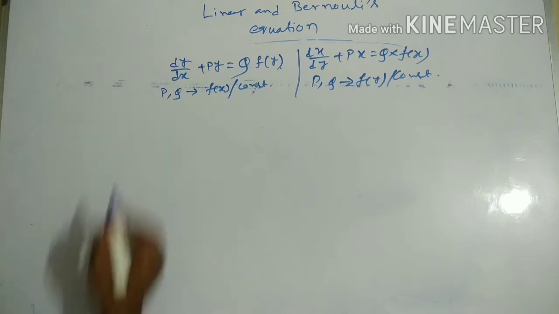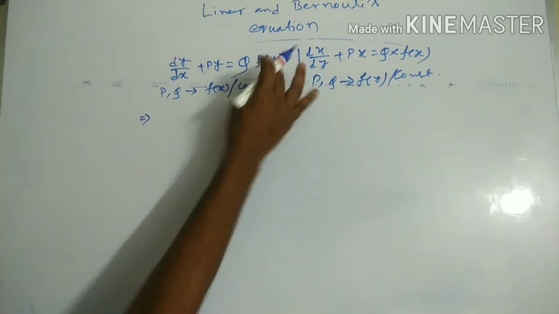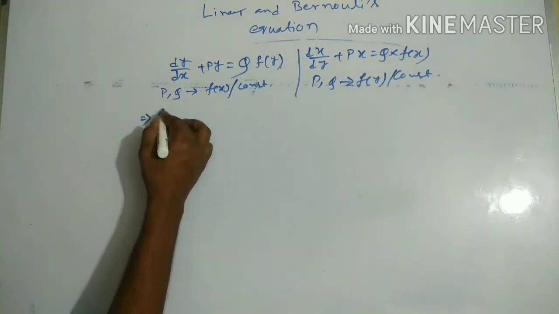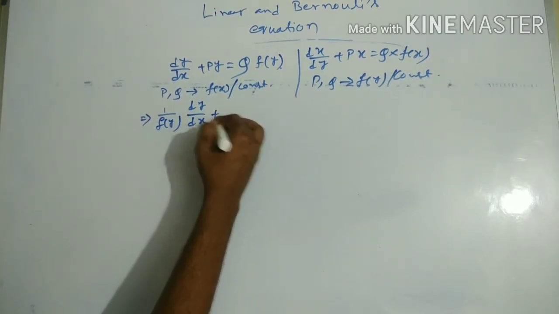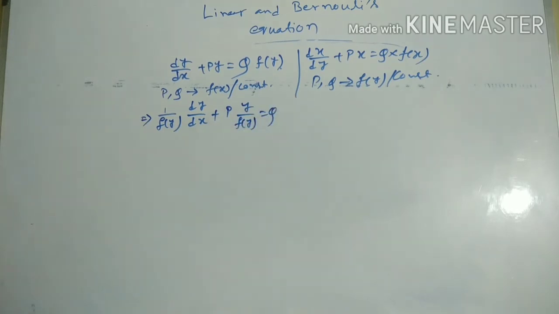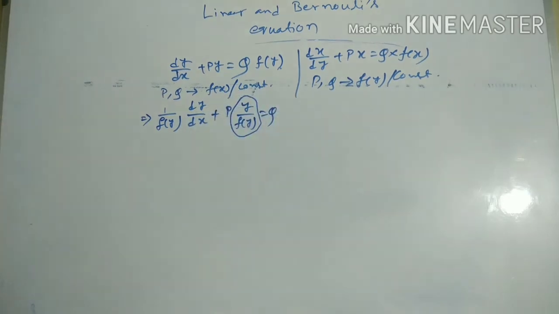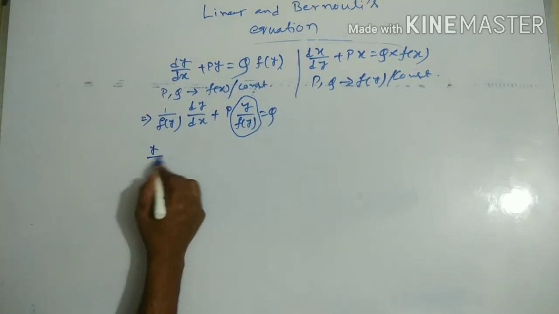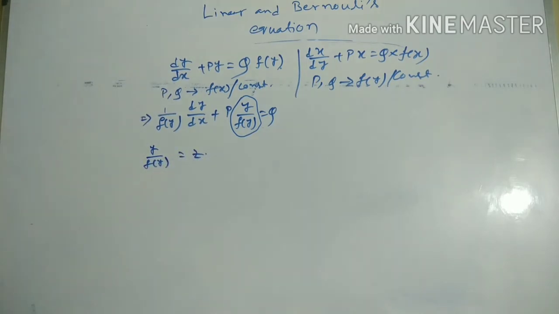Okay, so the first step is you will have to divide the whole equation by this function of y, that is (1/f(y)) dy/dx + P y/f(y) = Q. Now after dividing, this new function of y, that is y/f(y), we will substitute by some variable z.